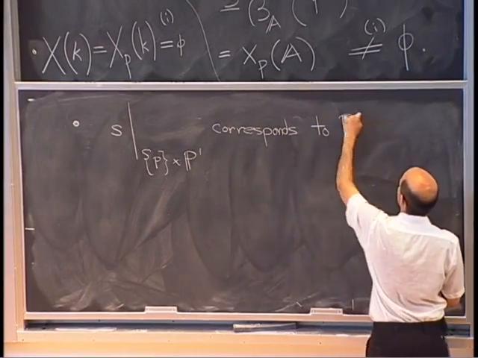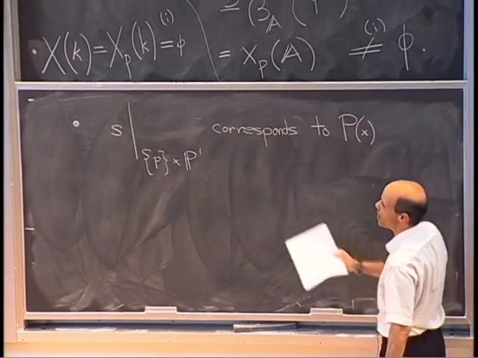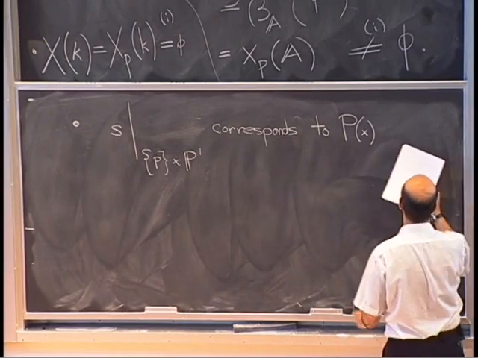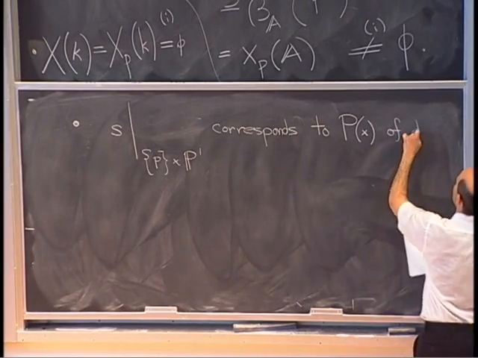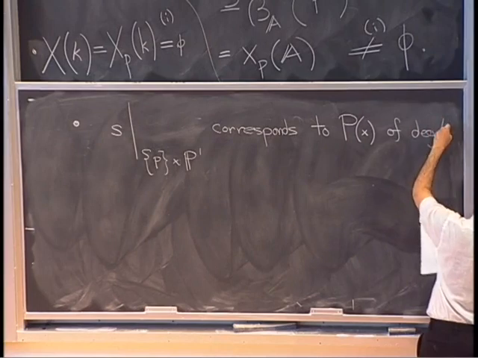To say that this fiber is a Chatelet surface means that this is just a separable polynomial of degree 4.